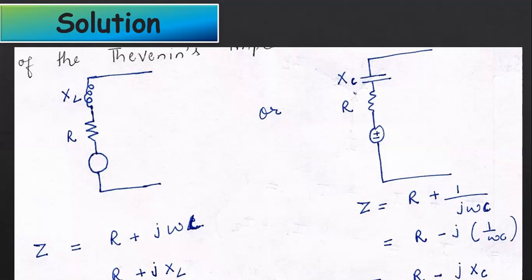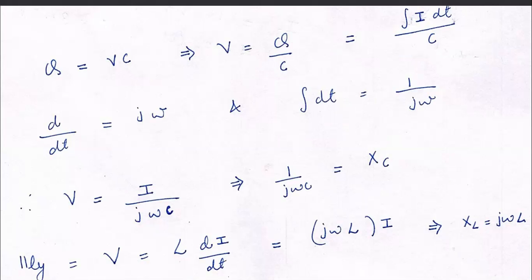And if it is having a capacitance, then Z will be equal to R plus 1 by j omega C, because XC is 1 by j omega C. So it will be equal to R minus j XC, where XC will be 1 by omega C. We can derive XC and XL as shown here.